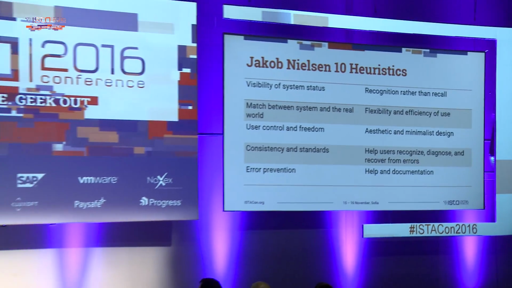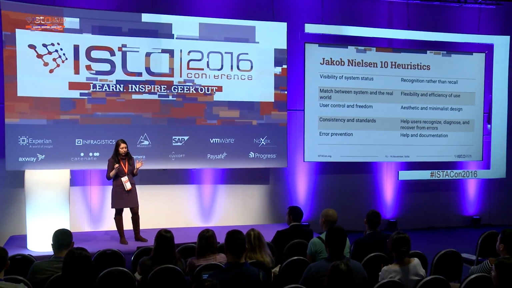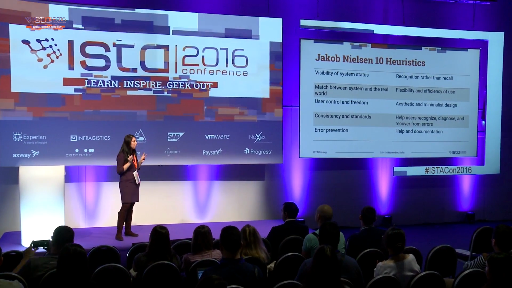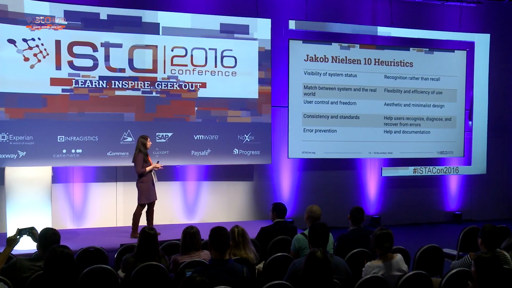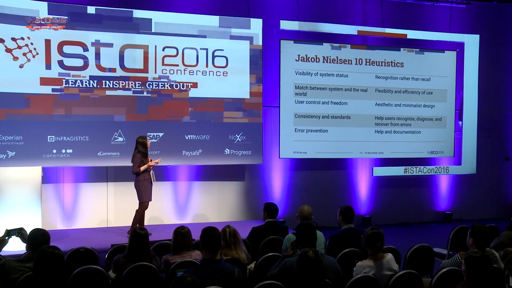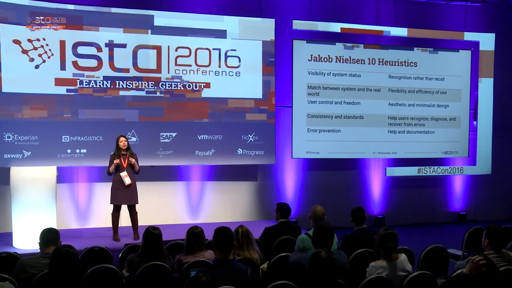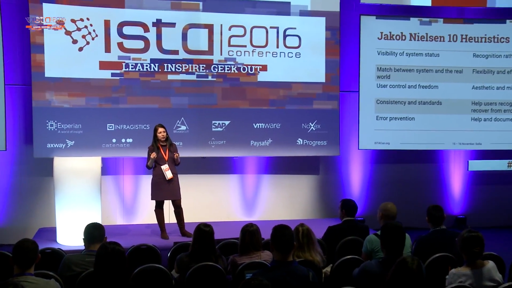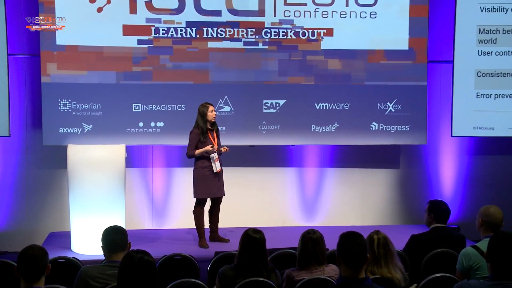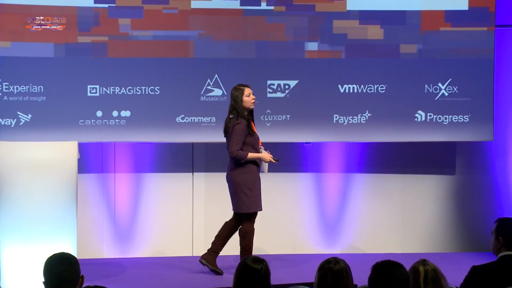They are the visibility of the system status. Do we have a match between our system and the real world? Do we have user control and freedom there? The consistency of the system and the standards that are used. The error prevention, because we are all humans and we make errors daily, right?